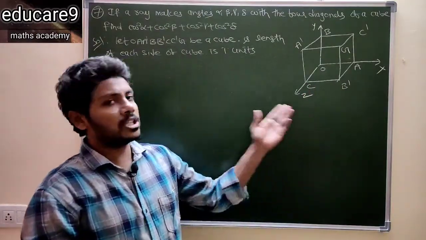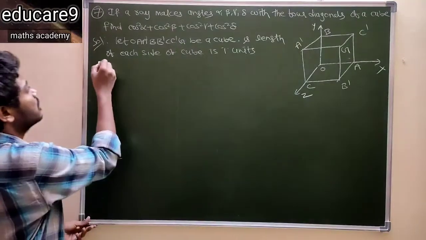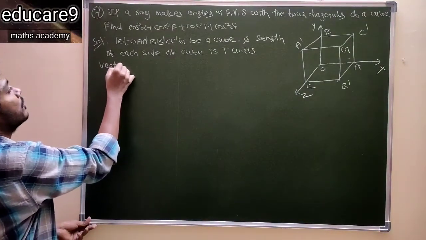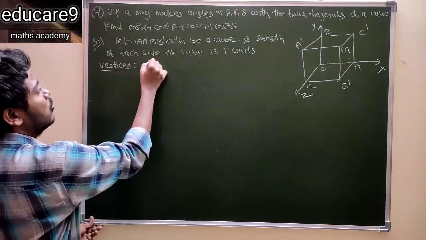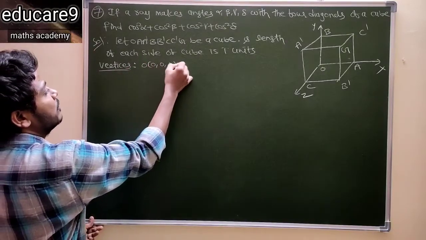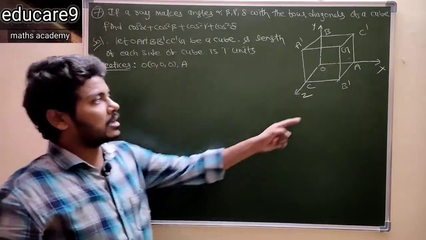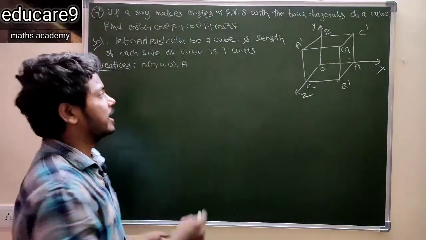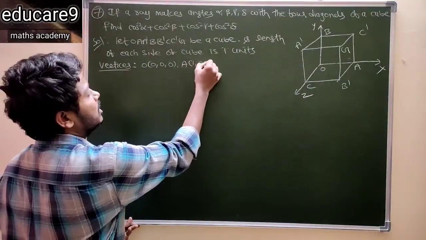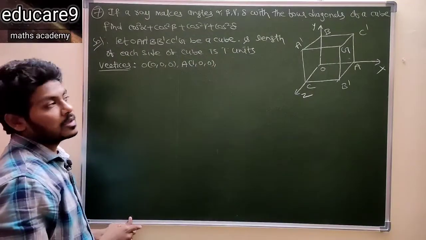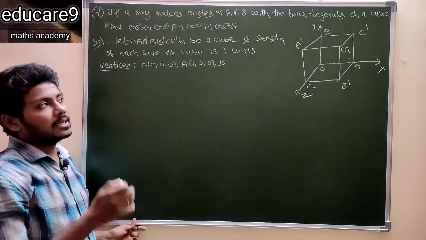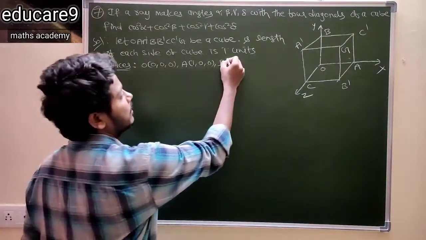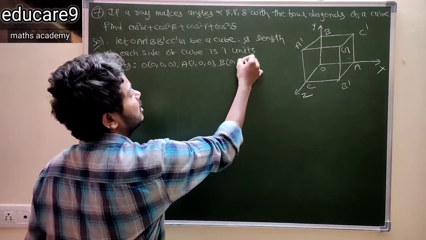Now we have to write the vertices of a cube. See here, vertices. So what are the vertices? So clearly O is 0, 0, 0. So A lies on x-axis, y and z coordinate is 0. That is 1, 0, 0. And B lies on y-axis, x and z coordinate is 0. That is 0, 1, 0.